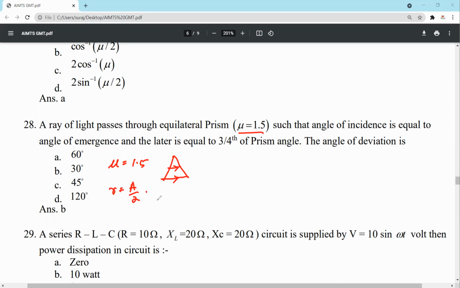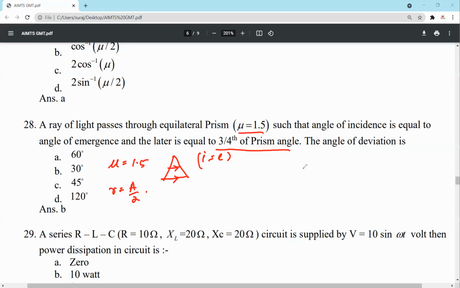The angle of incidence is equal to the angle of emergence, a minimum deviation condition, and it is equal to 3/4 of the prism angle.